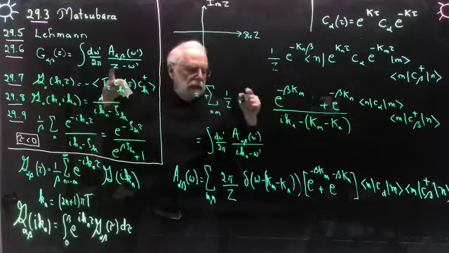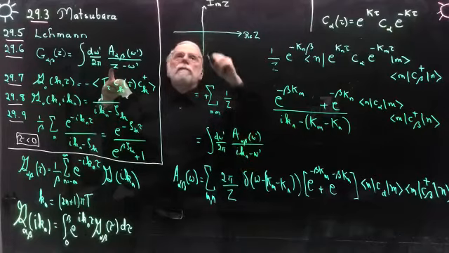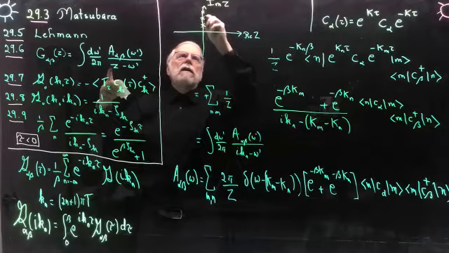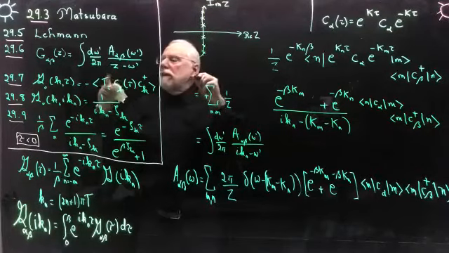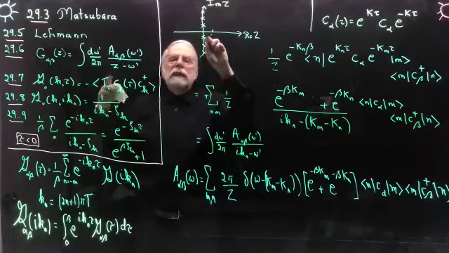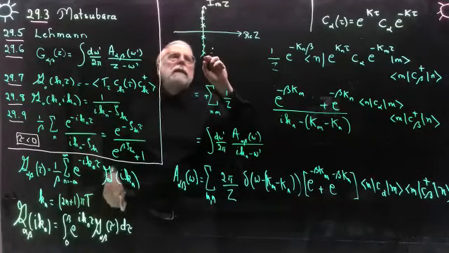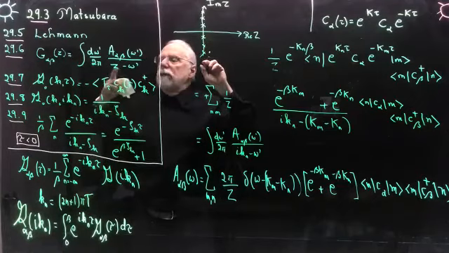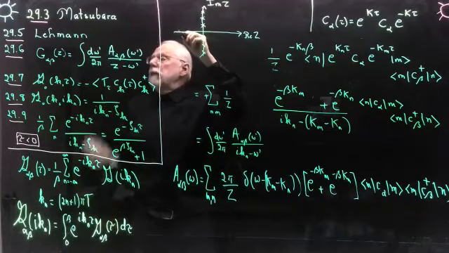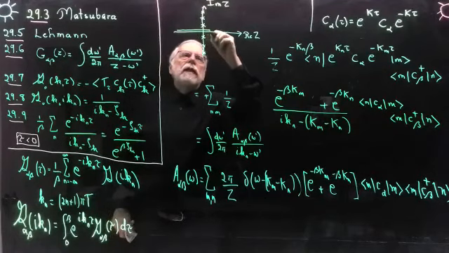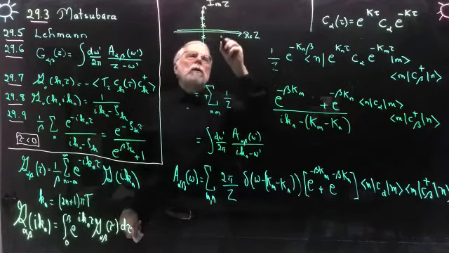So this function is defined along this axis. So the Matsubara frequencies are spaced just like this. And then the retarded function is defined infinitesimally close to the real axis.